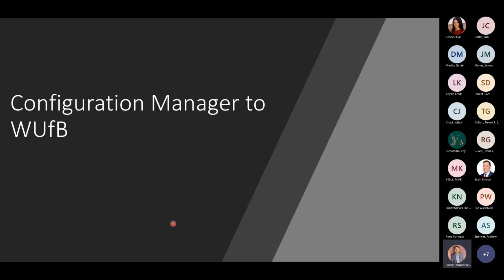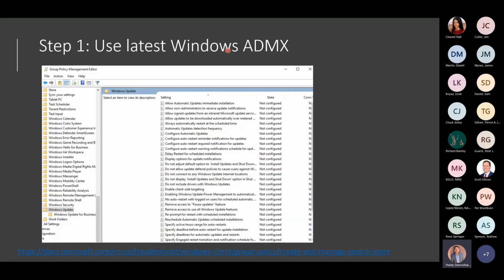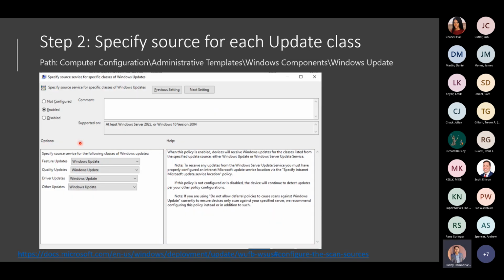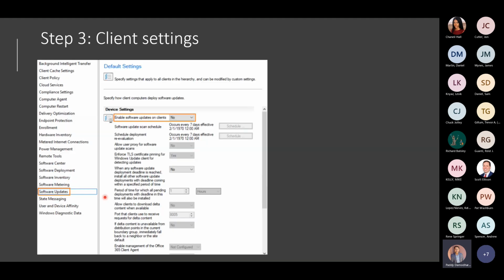So now, the third method, what we are assuming is you're a configuration manager customer, and you want to move to Windows Update for Business instead of using the configuration manager along with WSUS. Here again, you install the latest ADMX template, specify the source, and change all the source to Windows Update.